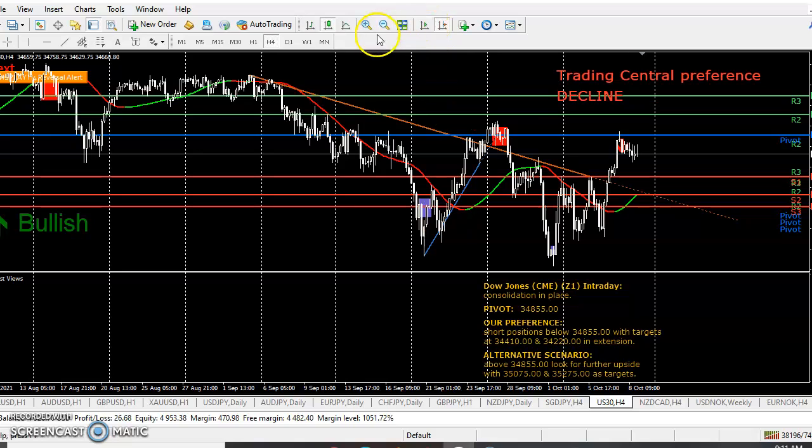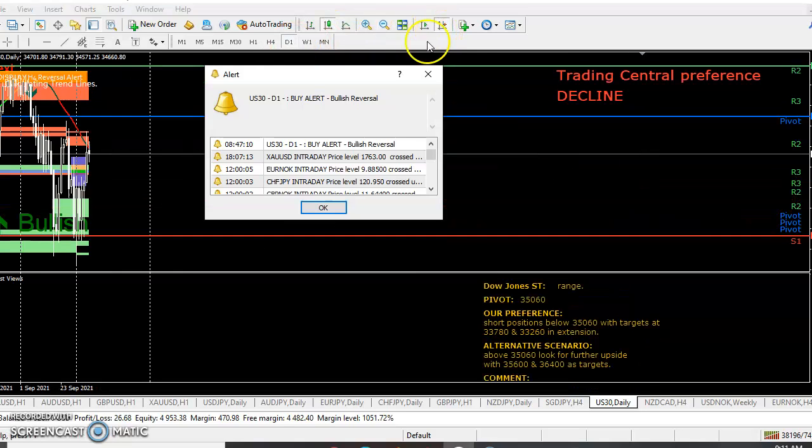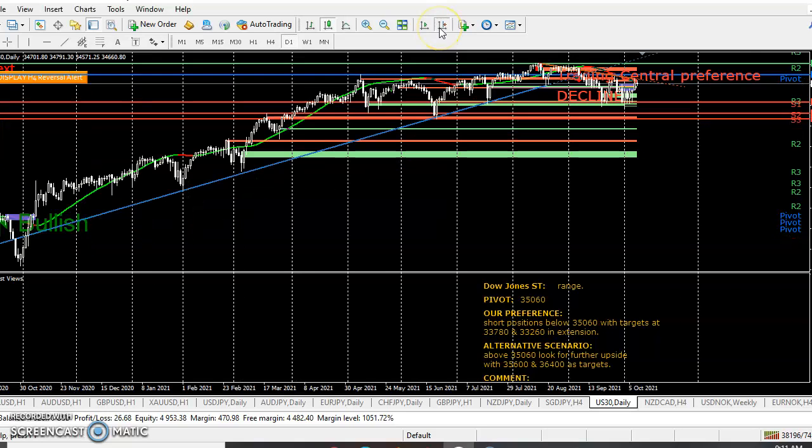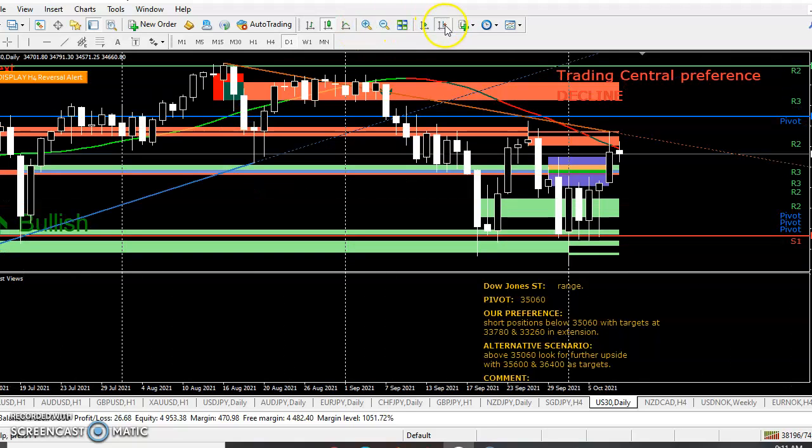US 30 is bearish. US 30 is bullish for the day. And we're in a decline.